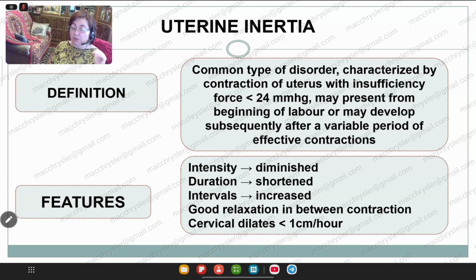Good relaxation in between contractions, found clinically by palpation or by tocography, gives us the idea that it is normal polarity. Cervical dilatation is present, but it is not sufficient, it is slow.